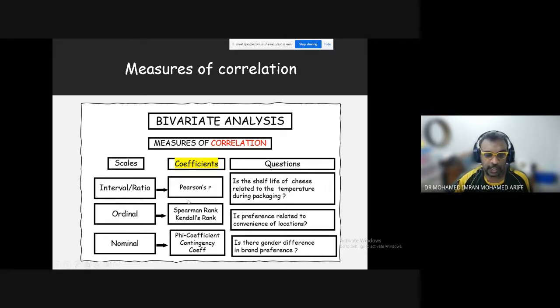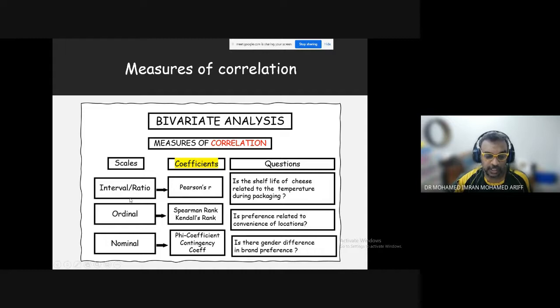And these are the coefficients. Coefficient means the techniques that can be used to measure correlation. If our scale, soalan kita dalam bentuk, is interval or ratio, then we are suggested to use Pearson correlation.